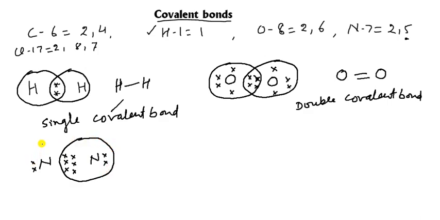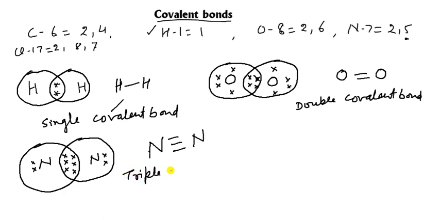So they share 3 electrons like this, and they form a triple bond like this, and it is a triple covalent bond.